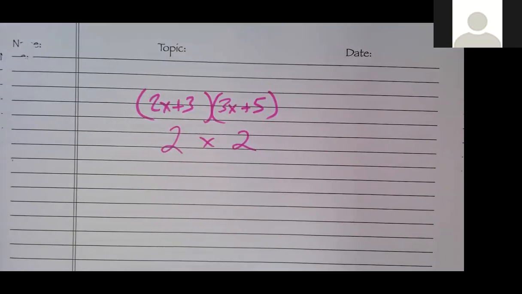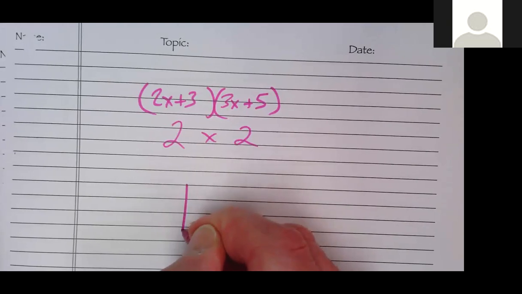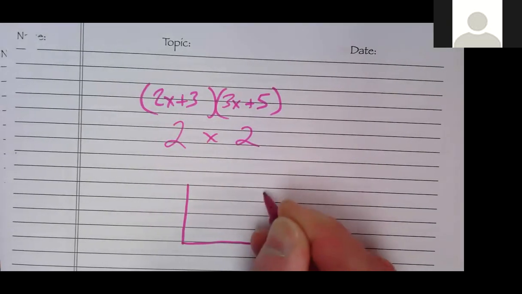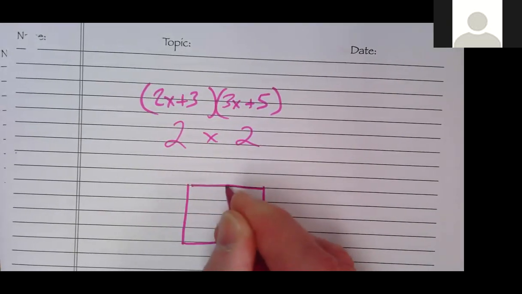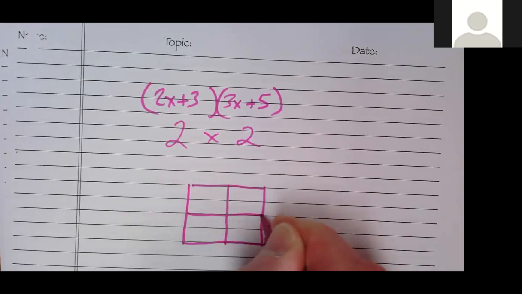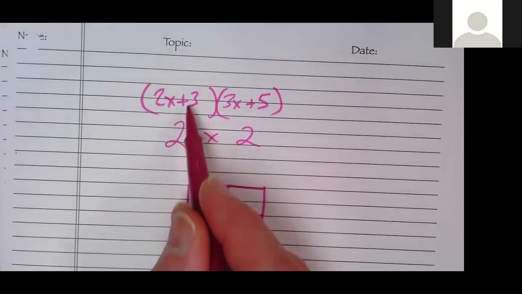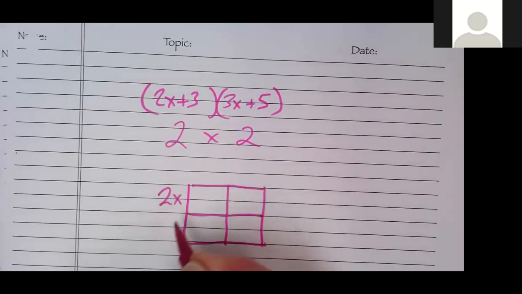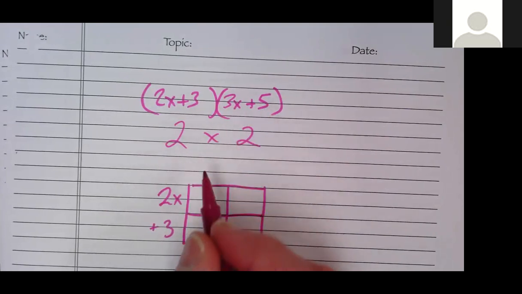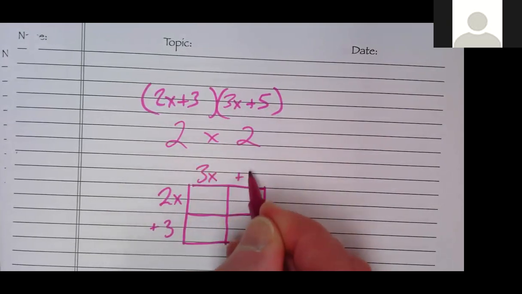So when I make this, I'm not just doing one thing anymore. And that's the part about this that's important. I'm making a 2 by 2 rectangle so that when I do this 2x and this 3, I'll put the 2x here, I'll put the plus 3 here on the side. That 3x plus the 5 now goes here.